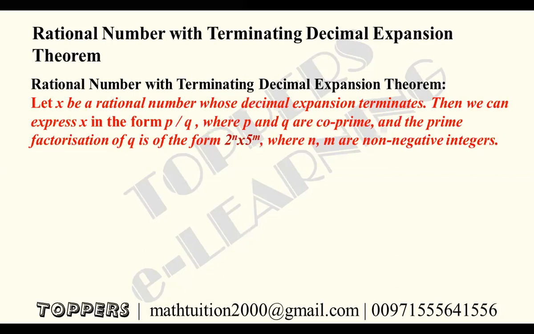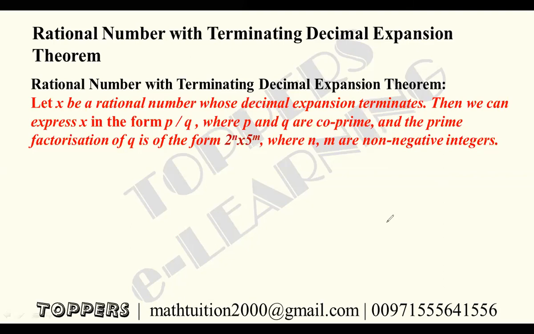Then we can express x in the form p by q, where p and q are coprime integers, q not equal to 0, and the prime factorization of q, that is the denominator, is of the form 2 raised to n into 5 raised to m, where n, m are non-negative integers.